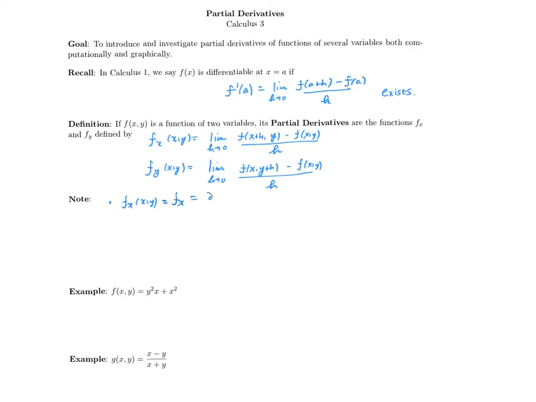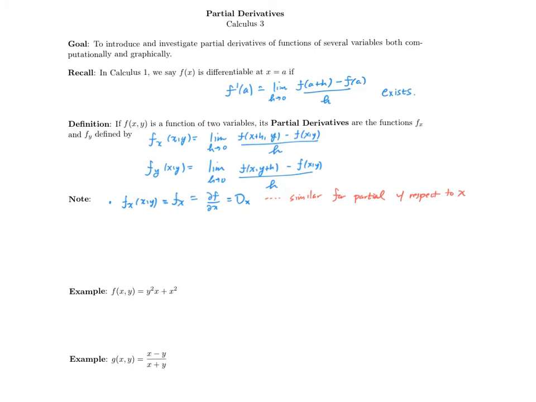And instead of saying df dx, when it is a partial derivative to make sure we're distinguishing between the two, we would use this fancier script d, and I would read this partial f over partial x. And when appropriate, we will even sometimes represent this as d sub x, which indicates take the derivative with respect to x. And the notation is similar for the partial with respect to y.